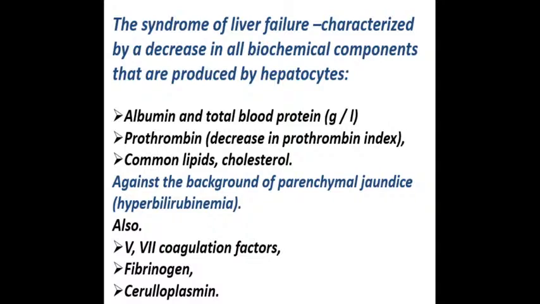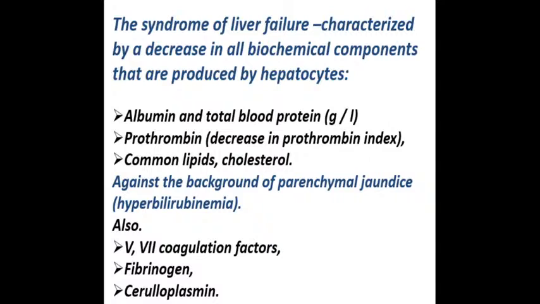Syndrome of liver failure is characterized by the decrease in all biochemical components that are produced by the hepatocyte cells. It is albumin and total protein. But if we determine albumin in gram per liter, if we can see albumin in percent, it is a sign of inflammation.